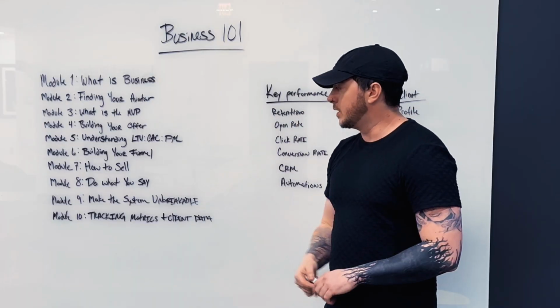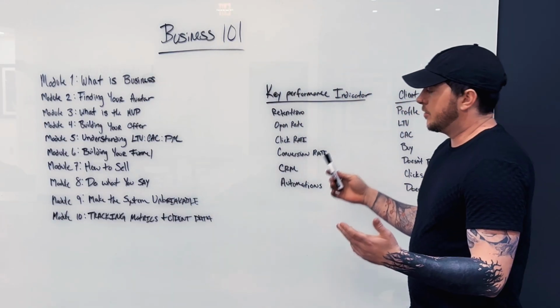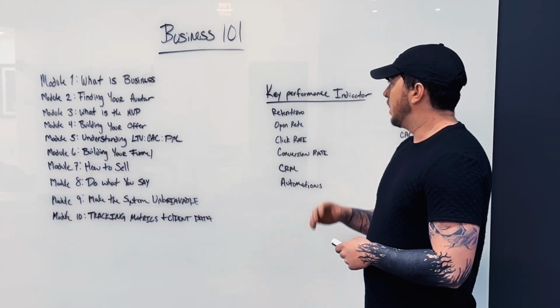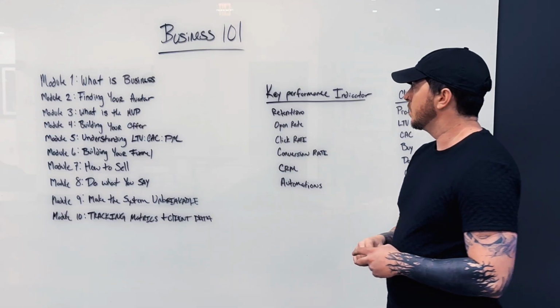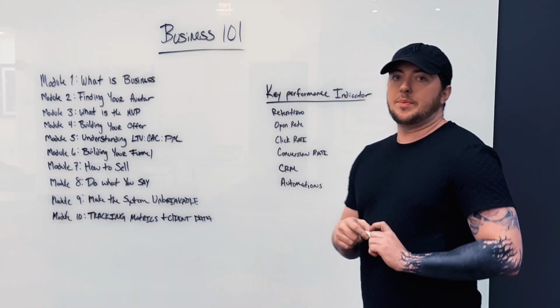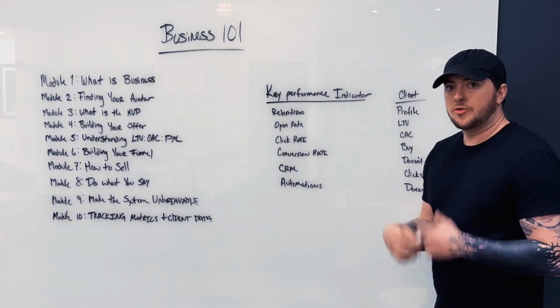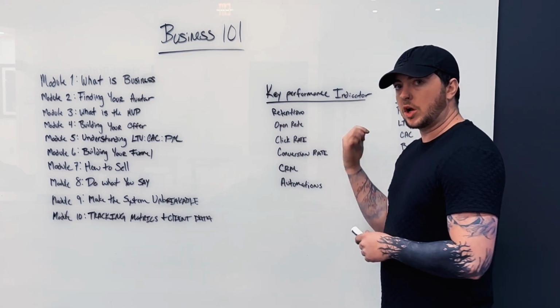But we are on the last segment, and now it's all about understanding what metrics to track and what goes on with our clients, okay? So you need to understand what your KPIs for your business are. But for example, for ours, we need to understand what keeps our clients retained.